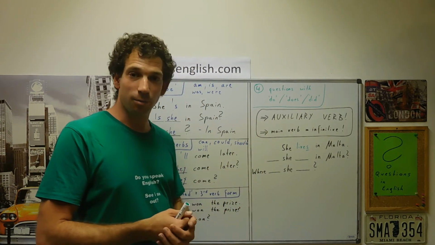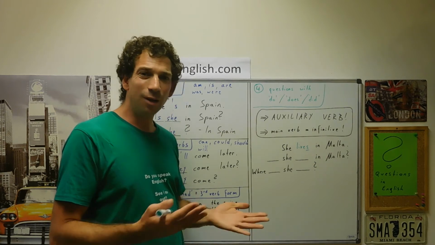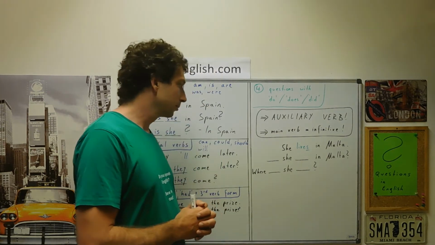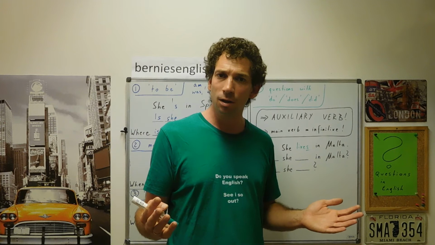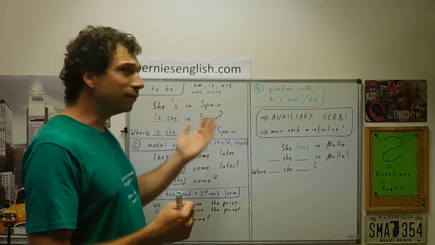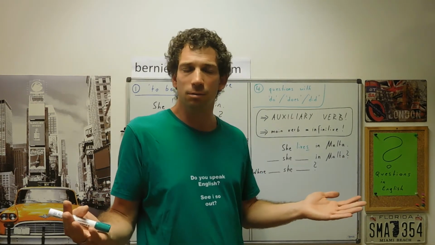So she lives in Malta. How do we make a question out of this? Lives she in Malta? No, please don't. Is she live in Malta? No, we don't need is.